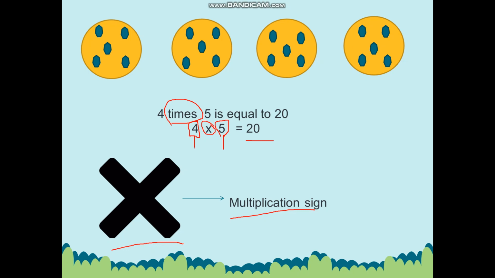But if you do multiplication, you will get the answer easily and in a short way. So multiplication is the shortcut method, because in repeated addition you have to add the same number again and again, which takes time.